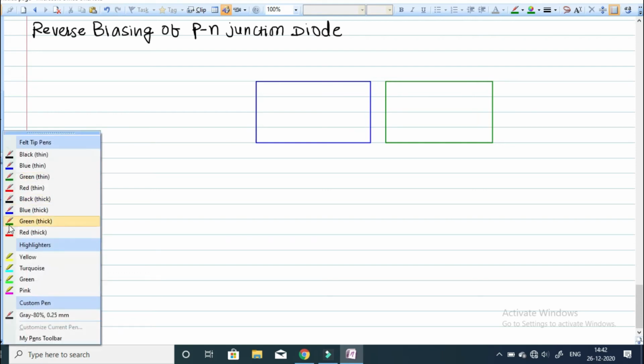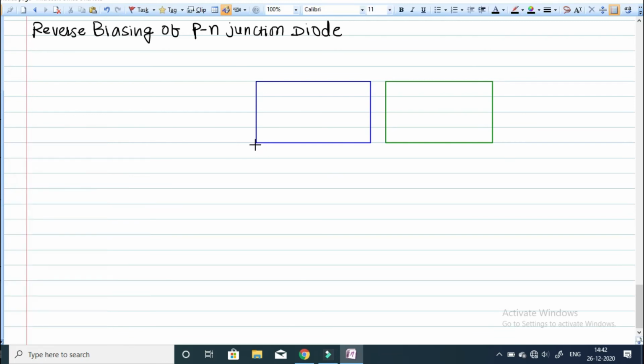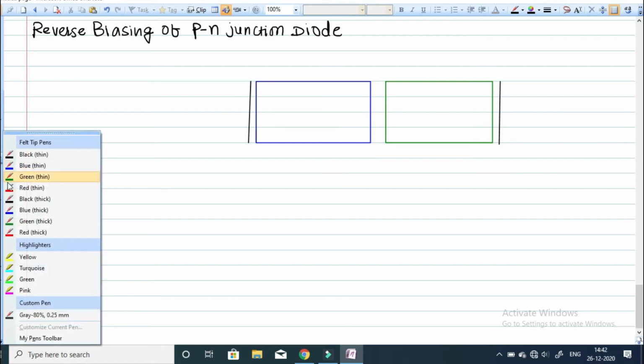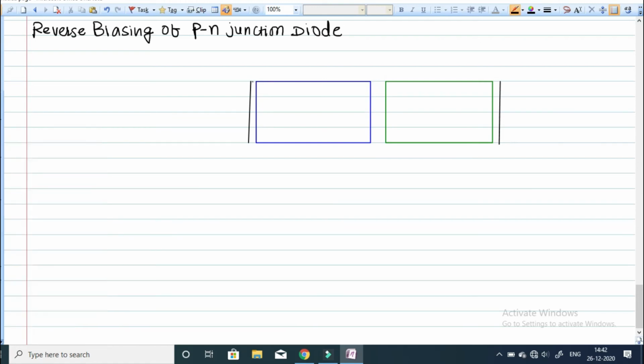These are the metallic contacts. You can draw the metallic contacts, and two wires are taken out.